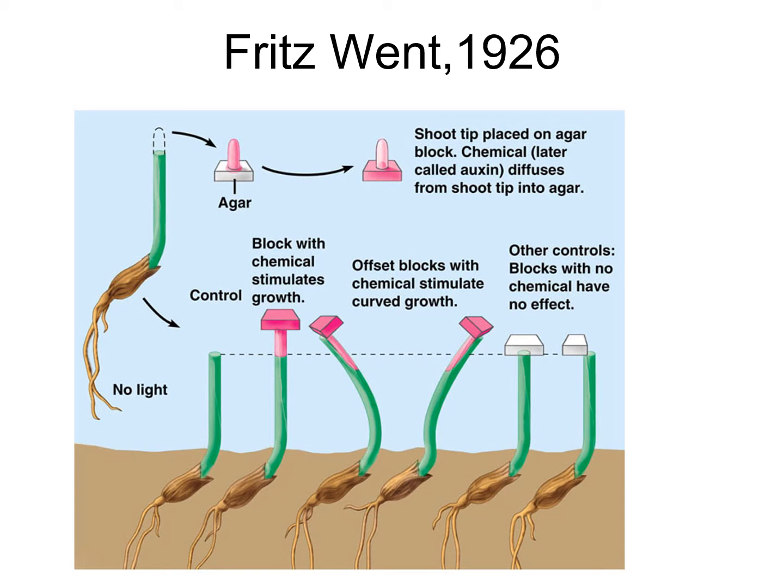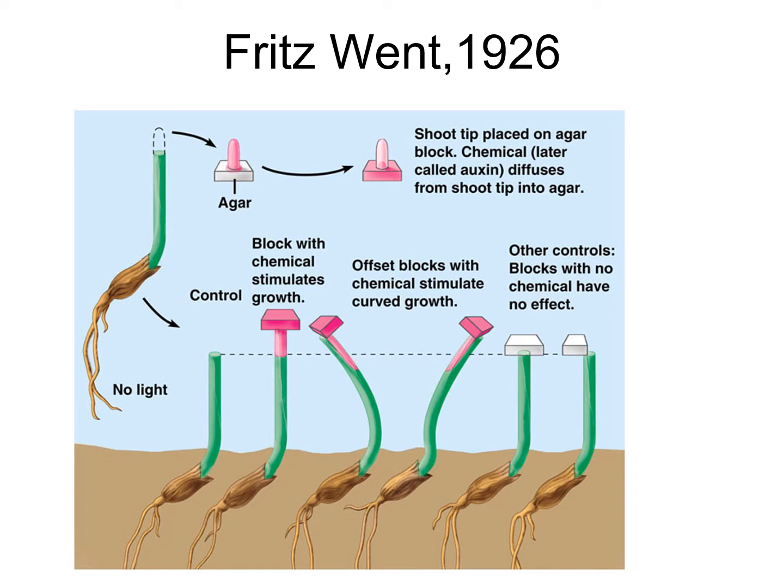If you put it off center a little bit, you find that the plant bends away from the side where you place the block. And what he thought is that somehow whatever chemical messenger is in that block that came from the tip, it's causing asymmetrical growth.